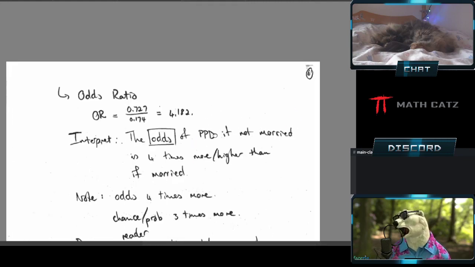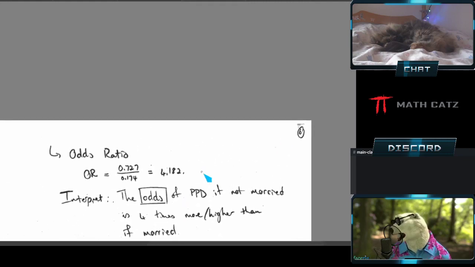The odds ratio is a ratio of odds. I take one odd divided by the other one, or the big divided by the small. I think for consistency that might give me a more comparable number, and I get 4.182. Interpreting this is important. The odds of postpartum depression if not married are four times more than if you were married.